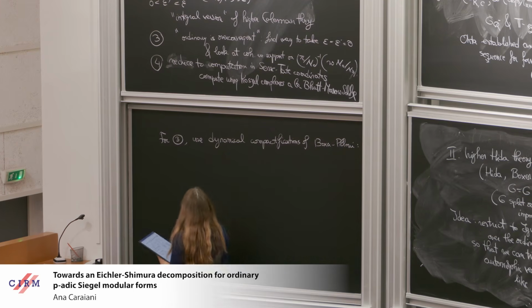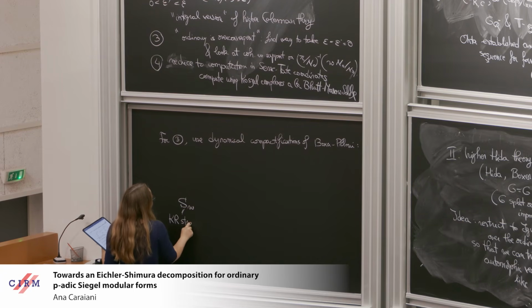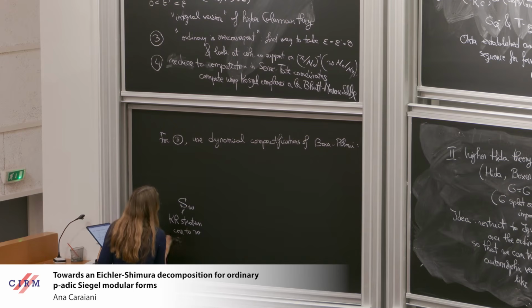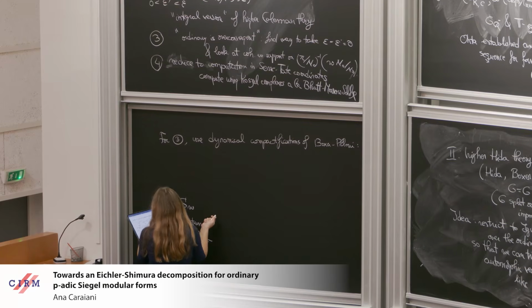So the idea is, say I look for simplicity just on the special fiber at some KR stratum, Kottwitz-Rapoport stratum, corresponding to W in, say, special fiber, so over F_p bar. And so some component of the ordinary locus, like for example, where the flag at Iwahori level is like étale multiplicative or something like that.